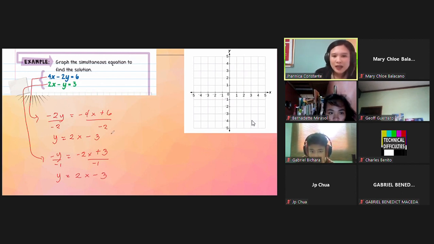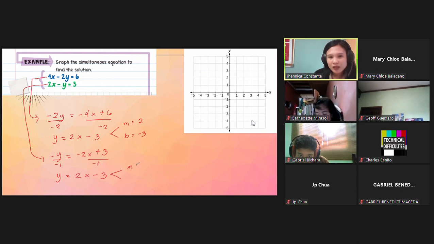So now the slope for the first equation is positive 2 and the y-intercept is negative 3. The same with the second equation: our slope is positive 2 and y-intercept is negative 3.